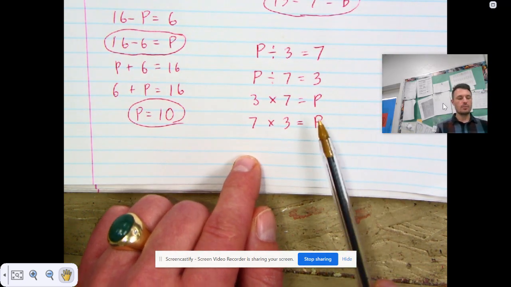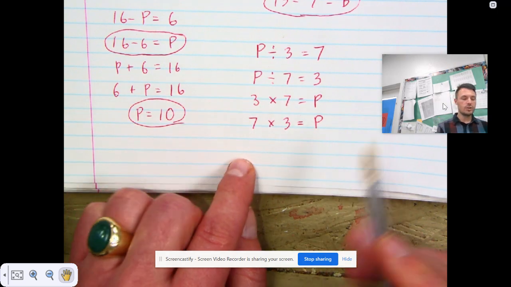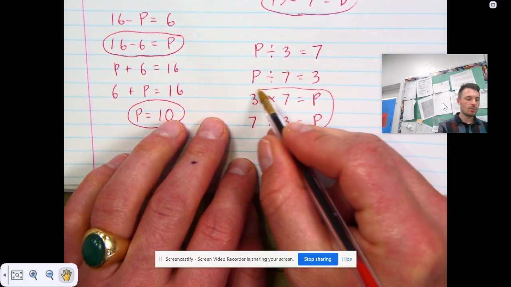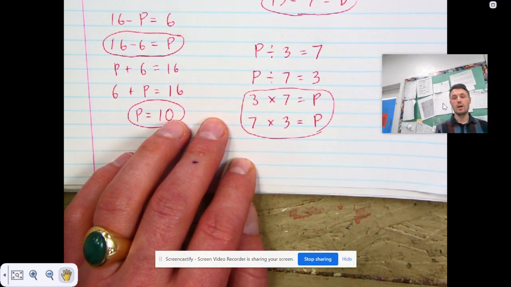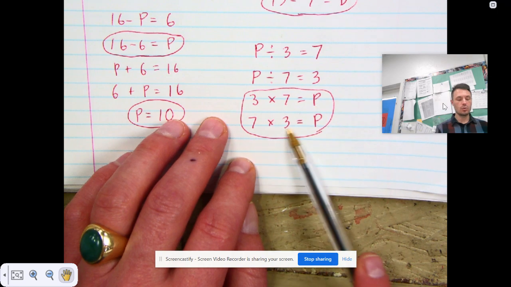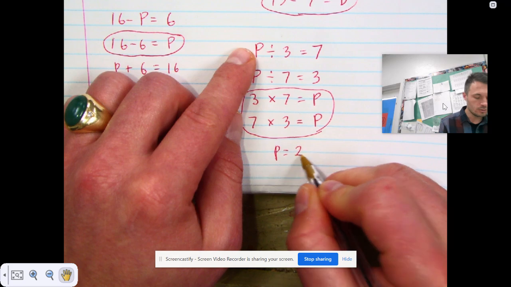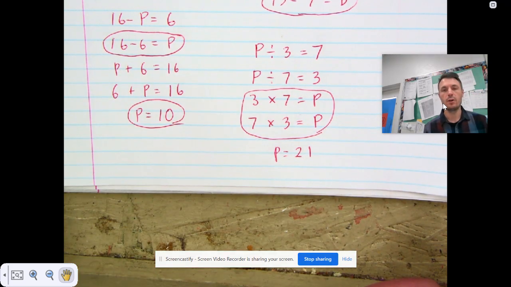Notice in the fact family, when the dividend is the unknown, once you switch to multiplication, it ends up on the right side of the equal sign twice. So 3 times 7 is 21, and 7 times 3 is 21, which means p equals 21. So we found that unknown.